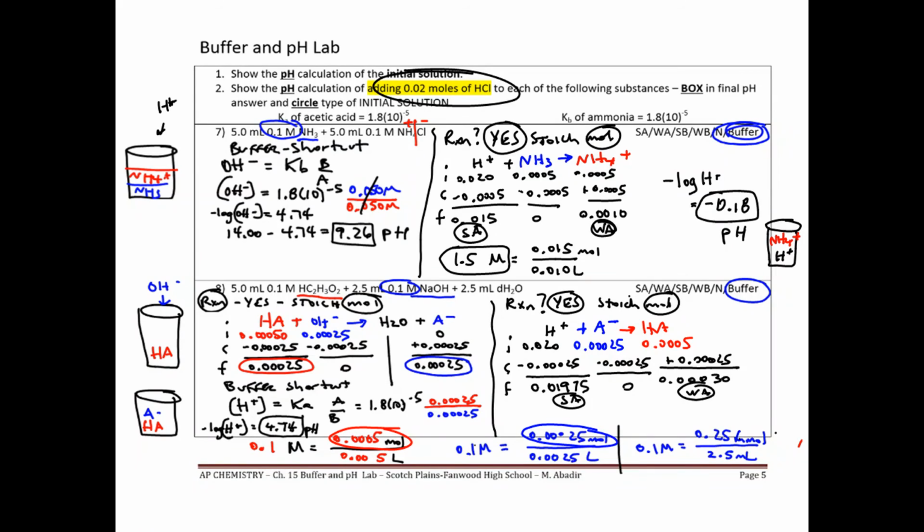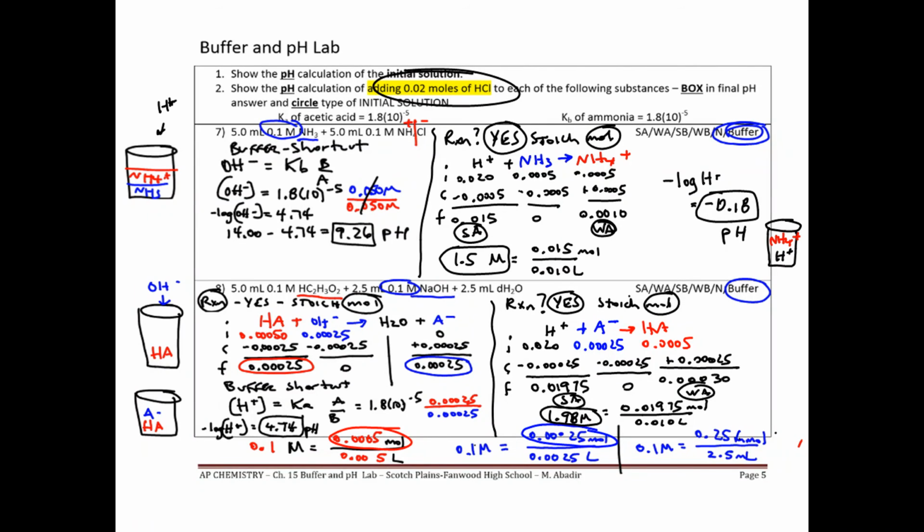So we're just going to do molarity equals moles over liters: 0.01975 moles divided by 0.010 liters. That's going to give you a concentration of 1.98 molar when we do rounding. So now you're going to take the negative log of that.